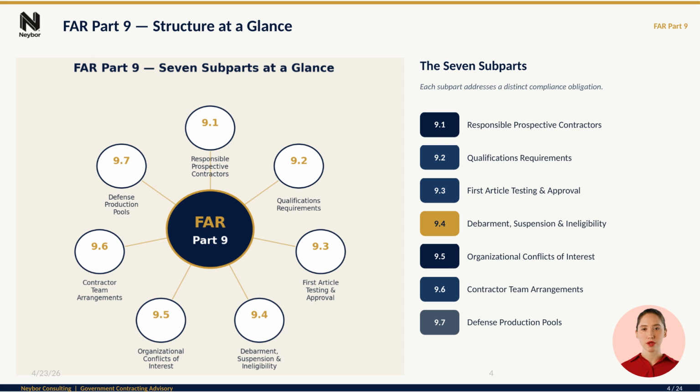Subpart 9.4 flips the script to negative qualifications, debarment, and suspension, the reasons a contractor gets excluded. Subpart 9.5 handles organizational conflicts of interest. Subpart 9.6 governs how multiple firms team up to pursue a contract. And 9.7, defense production pools, is a narrow but occasionally important authority. The rest of the briefing takes each subpart in turn, so hold this mental map in mind as we go deeper.